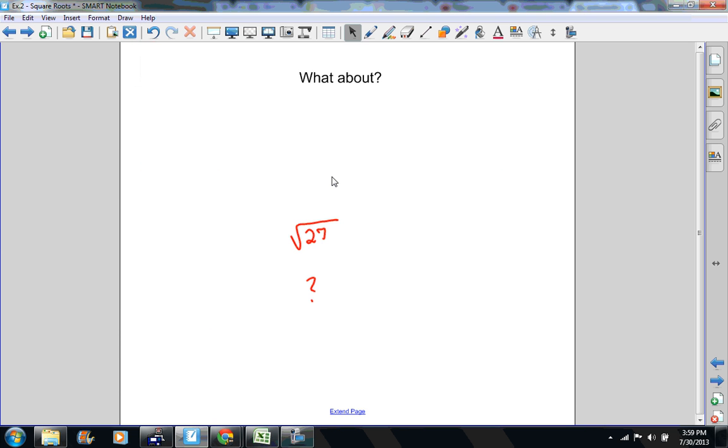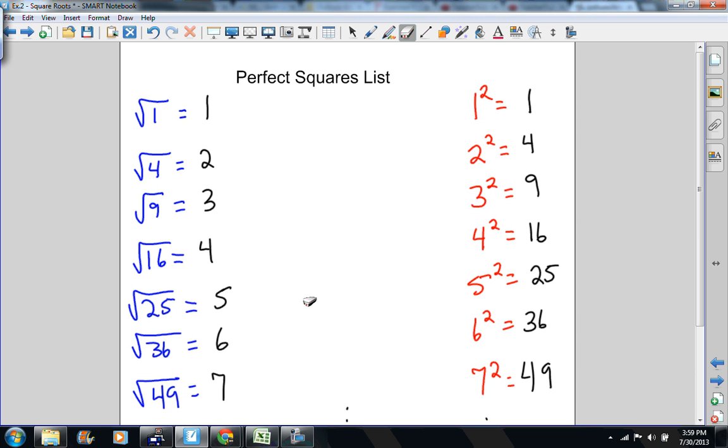This is what I really like, though, about these square roots. If we're given a number like the square root of 27, the problem with that is if we look back at our list, 27 is in between 25 and 36. So it has to be a decimal between 5 and 6.